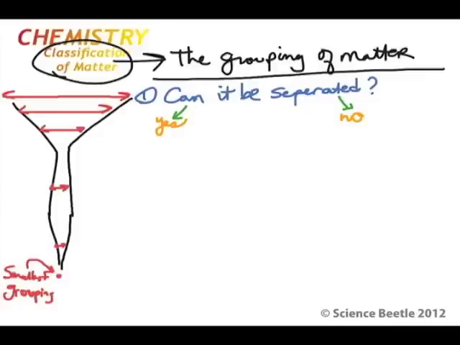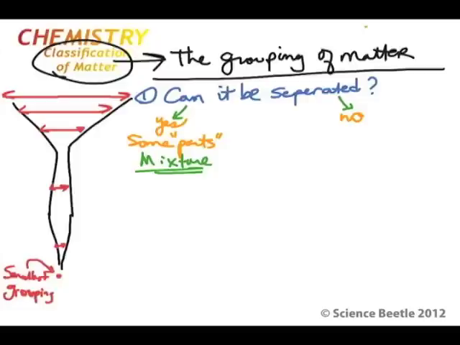If the answer is yes, then this particular matter has some parts to it, and we would call this a mixture. Mixtures are a blend of 2 or more kinds of matter, and each of those parts still retains its own different properties.